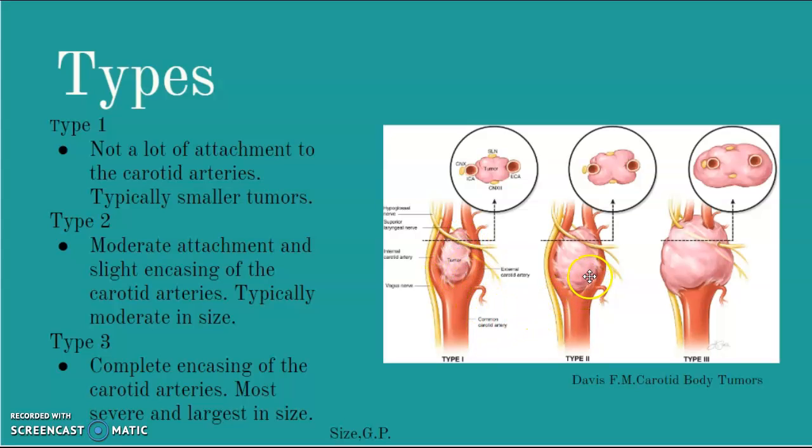Type 2 has moderate attachment to the carotid arteries and some encasing of them as well, and they're usually moderate in size. We've got these images up here so we can see how type 2 is starting to encase those carotid arteries. And then for type 3, we have a complete encasement of the carotid arteries, and these are usually very large in size.